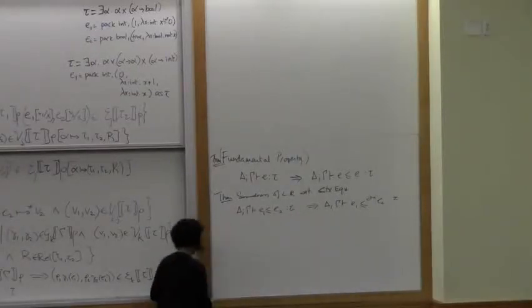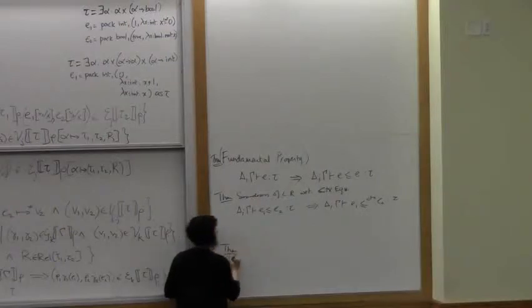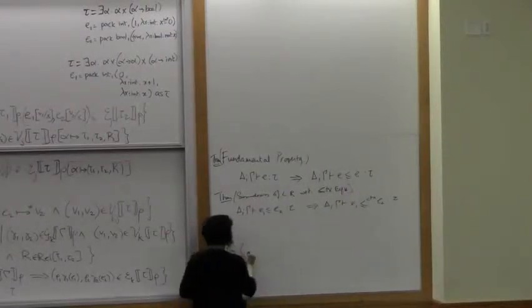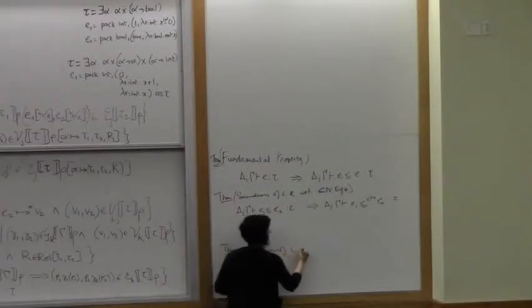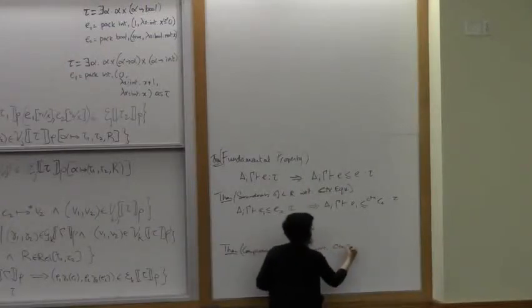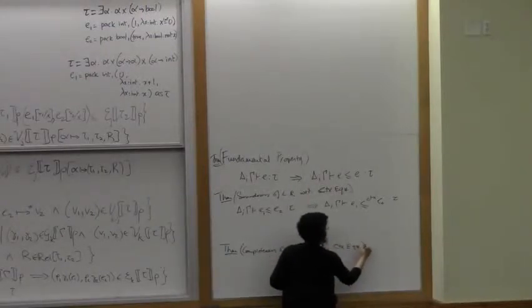Now, before I say a few words about how we prove soundness, let me just put the statement of completeness up as well. So, completeness of the logical relation with respect to contextual equivalence.